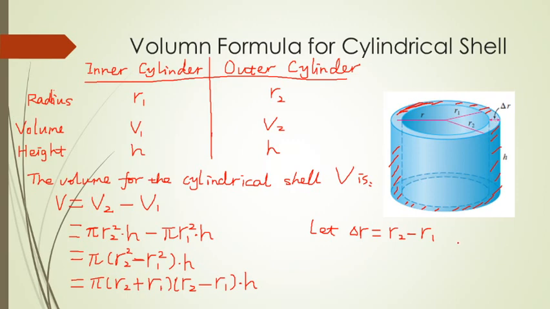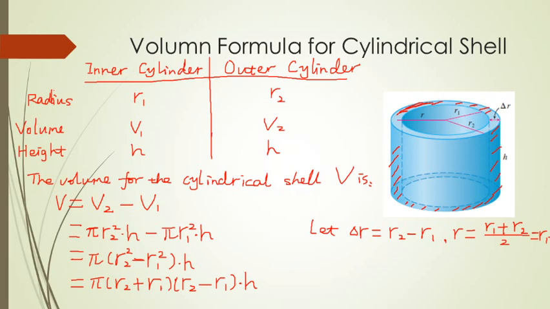And then I will let R be the average of R1 and R2. What does this R mean? This R is R1 plus half of delta R.